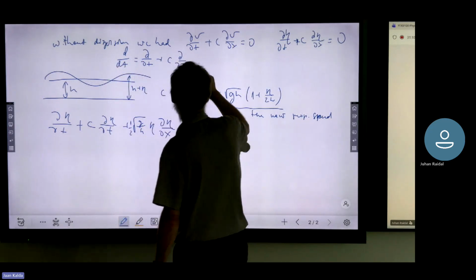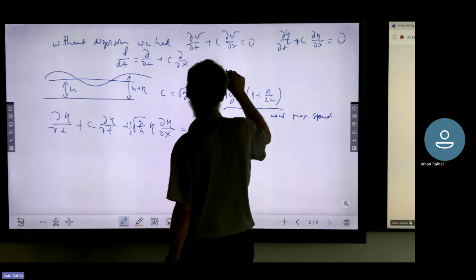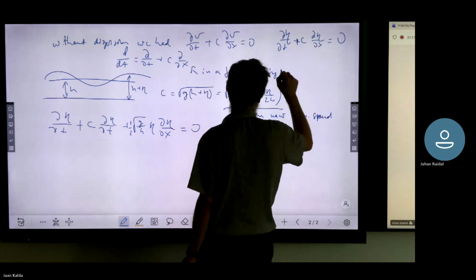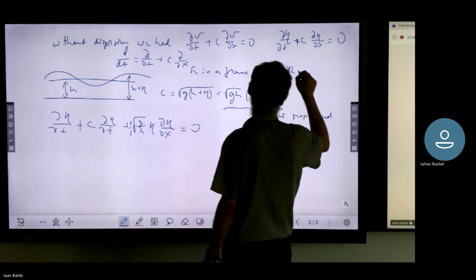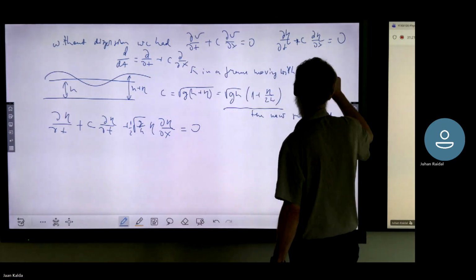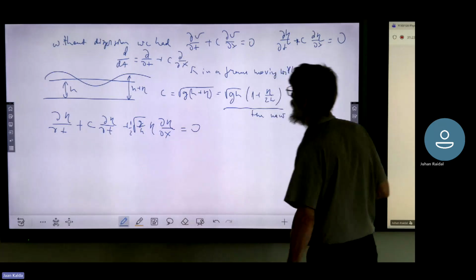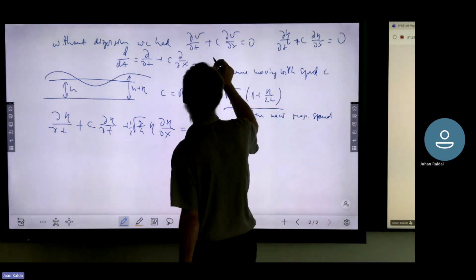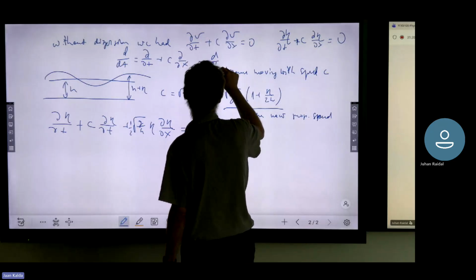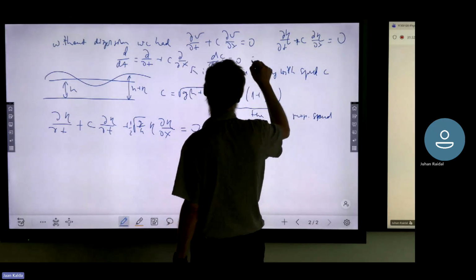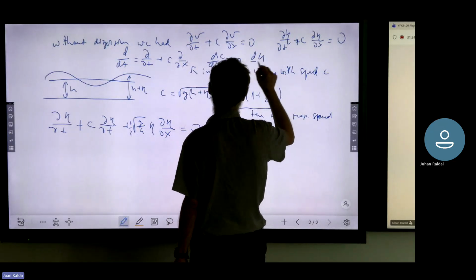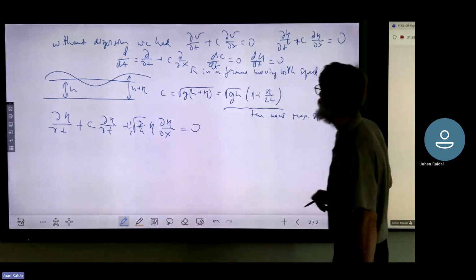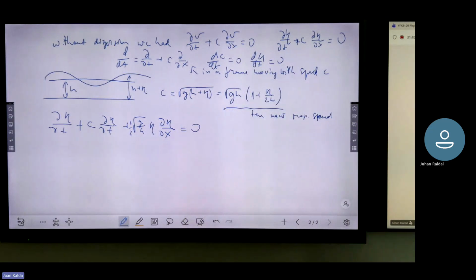In a frame moving with speed c, then our equation takes the form in that co-moving frame: d over dt of c equal to 0, d eta over dt equal to 0, meaning that they both remain constant in the co-moving frame.